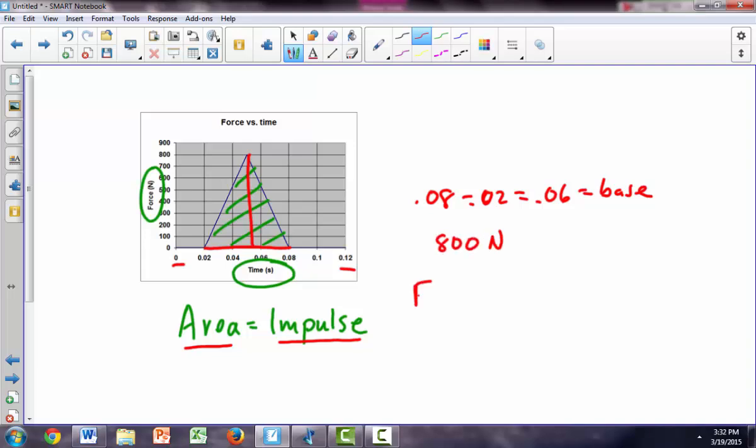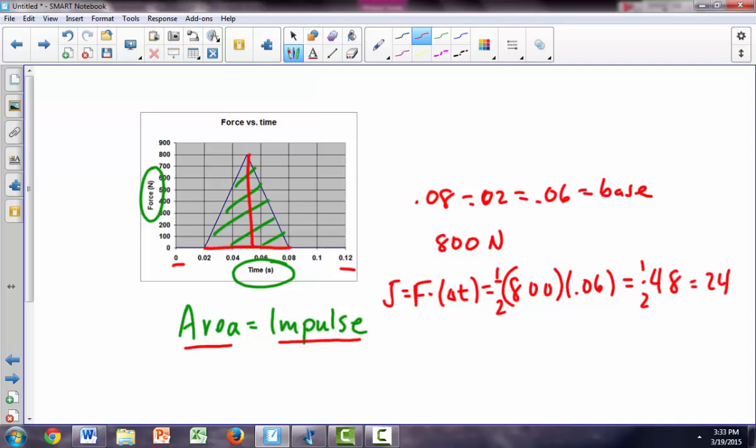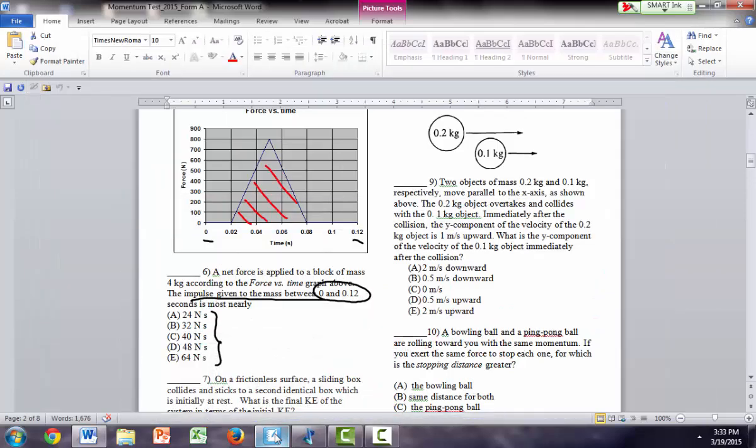So the impulse, F times delta t, which is J, is 800 times 0.06. That is 48, but it's 1/2 base times height. I forgot to put my 1/2 in there. That is 24 newton seconds, because it's a triangle, obviously, half base times height. 24 newton seconds, and it is in the positive direction. All these answers were positive, actually, so the correct answer was A.